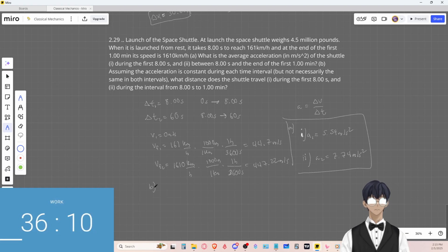Assume the acceleration is constant during each time interval, but not necessarily the same in both. What distance does the shuttle travel during the first 8 seconds and during the interval from 8 seconds to 1 minute? Okay, so since we got the acceleration, I'm guessing the formula they want us to use is basically this formula.